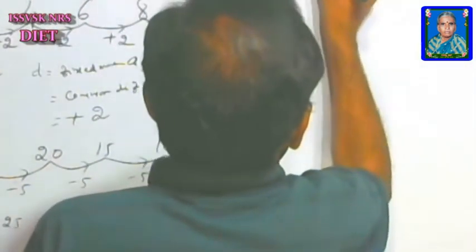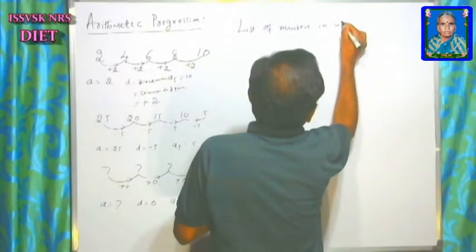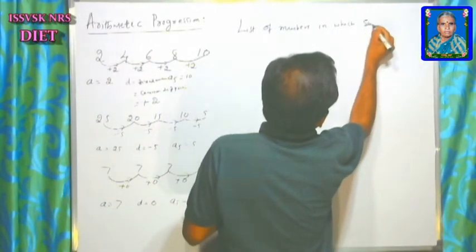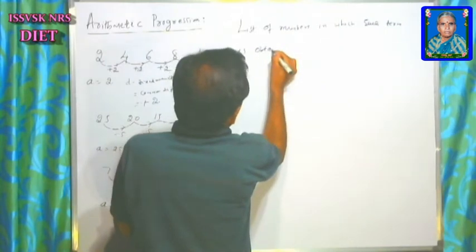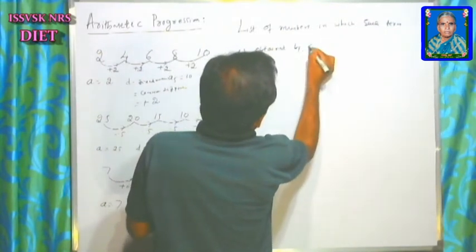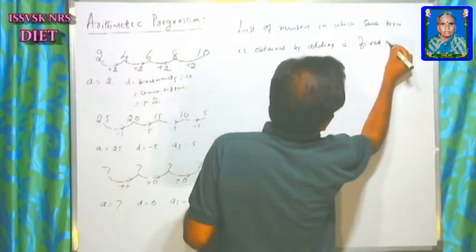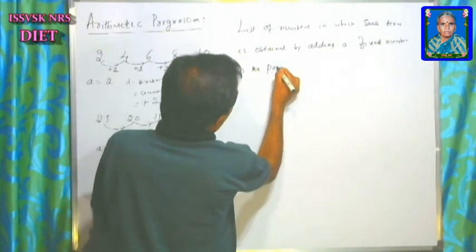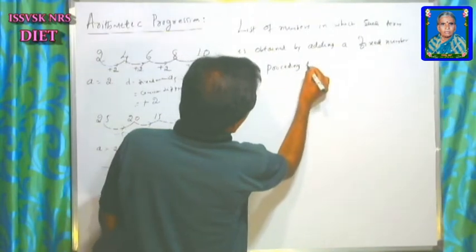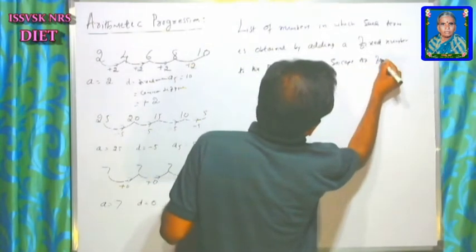Arithmetic progression can be defined as a list of numbers in which each term is obtained by adding a fixed number to the preceding term, except the first term.